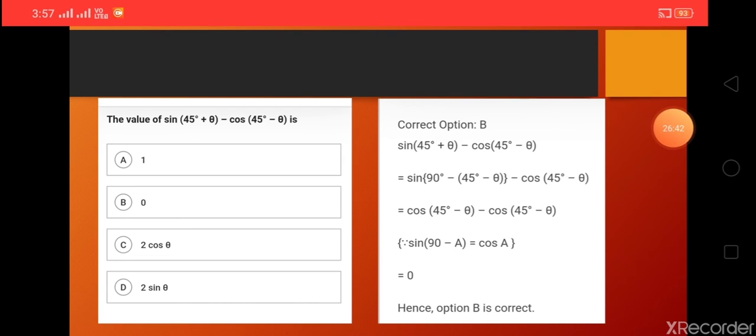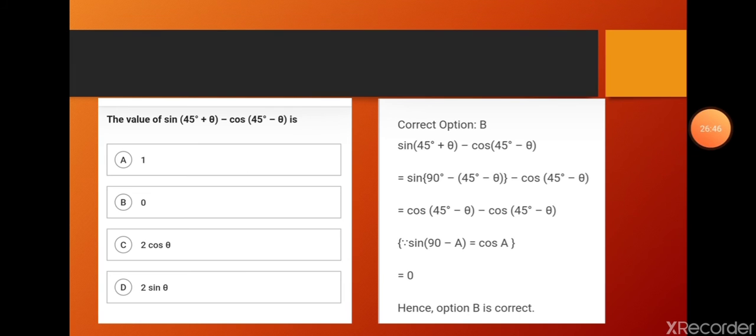Sine (45 degree plus theta) minus cos (45 degree minus theta). Here make the conversion that sine of (90 minus theta) equals cos theta. So we can apply that here.